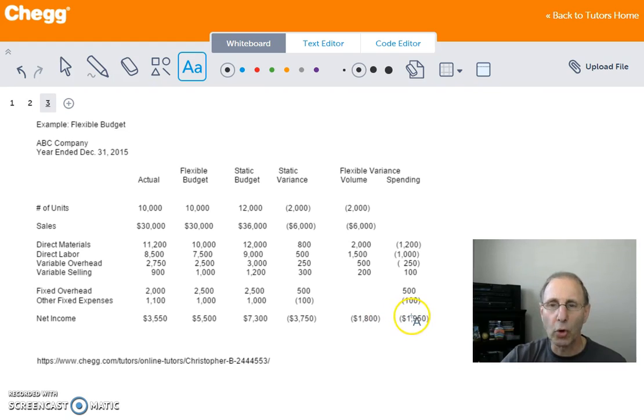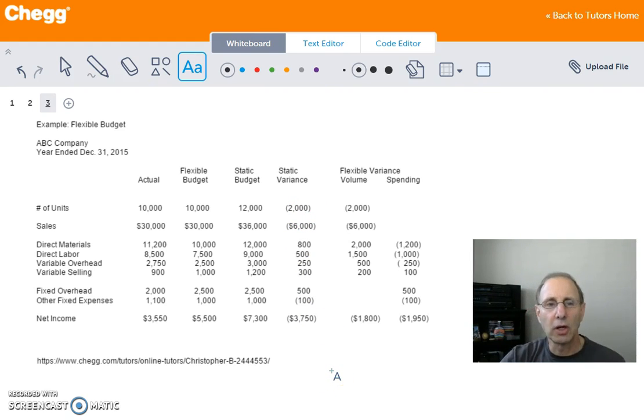But our spending was also unfavorable by $1,950, which says to management that the variable costs, which are controllable, we were not able to align with the level of activity drop that we experienced versus our original static budget.